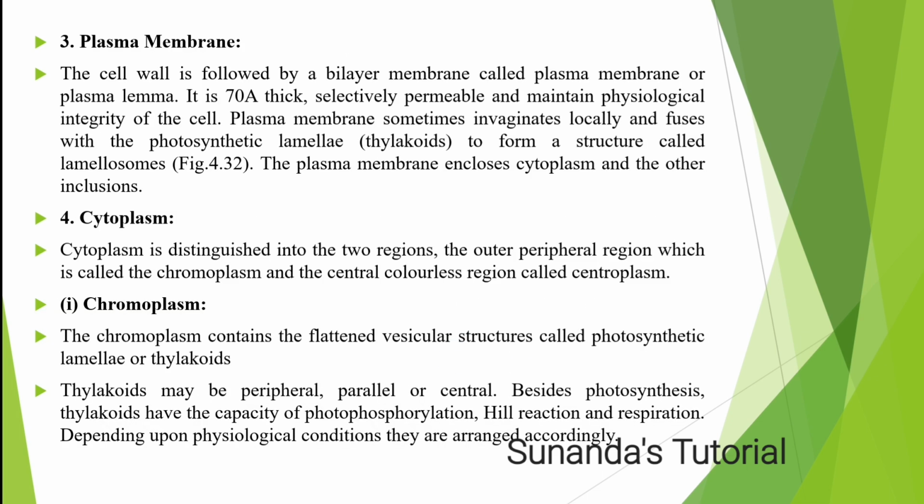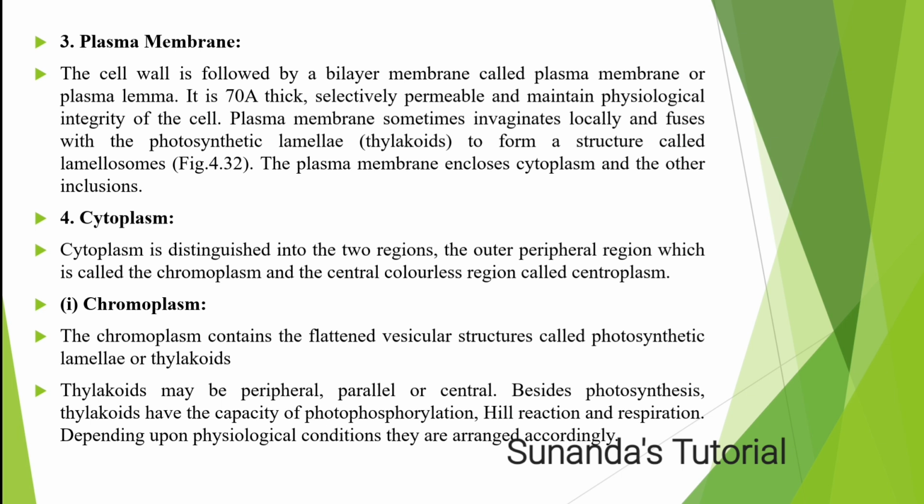Okay, next is the plasma membrane. The cell wall is followed by a bilayer membrane called the plasma membrane or plasmalemma. It is selectively permeable and maintains the physiological integrity of the cell. Next, cytoplasm.